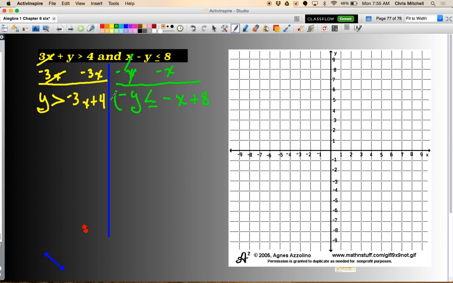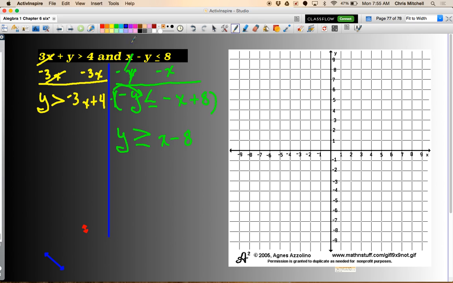We have to distribute the negative 1 because we can't have a negative leading our variable. So it's going to give us y. Don't forget to change the inequality symbol. Greater than or equal to x minus 8. So now we have our two equations that we can start graphing.